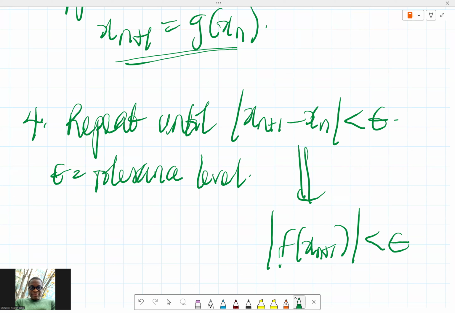So with that said, can we then take an example? In fact, the same example I've been solving with bisection and secant.